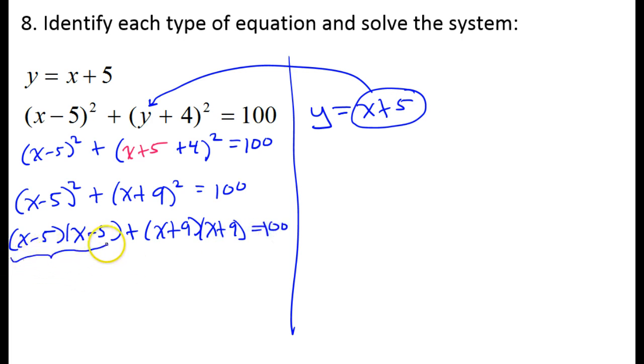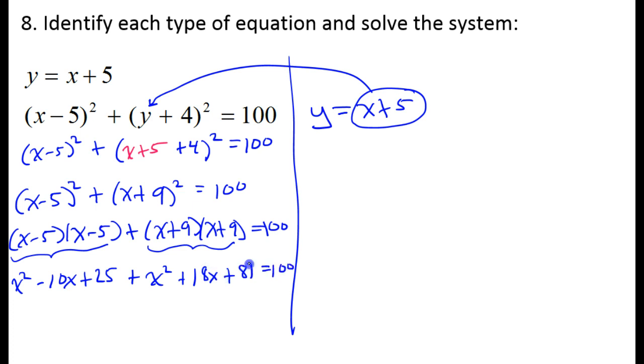If I FOIL or double distribute, whatever you want to call it, I'm going to get x squared minus 10x plus 25. If I FOIL or double distribute this, I'm going to get x squared plus 18x plus 81 is equal to 100.